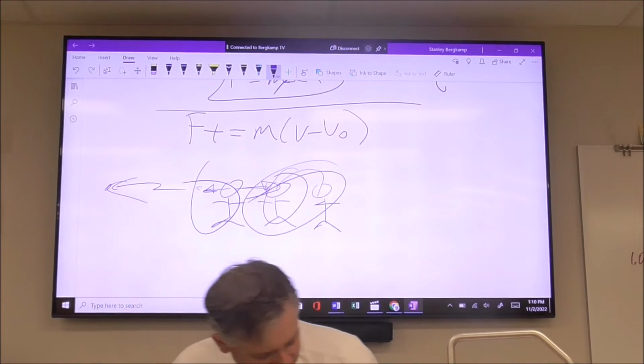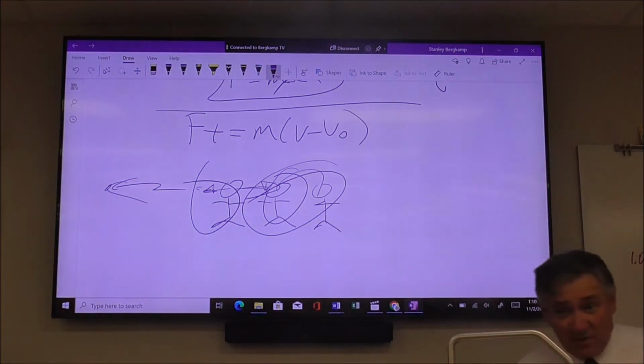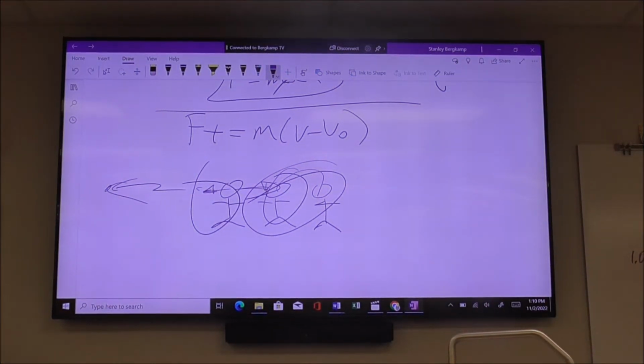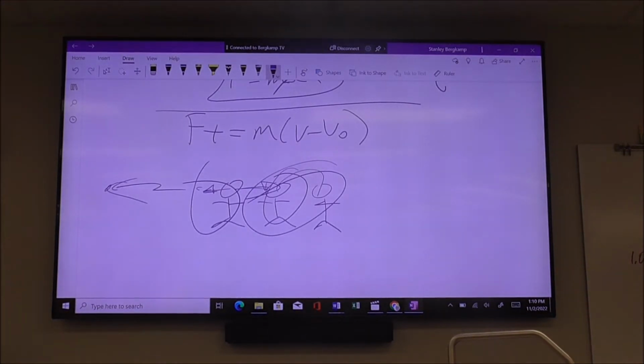Okay, so this is one of the questions, right? That's a good question. So if I give this a push, does the momentum of that system change? Yes. It changes when I push it, and it changes when it stops.